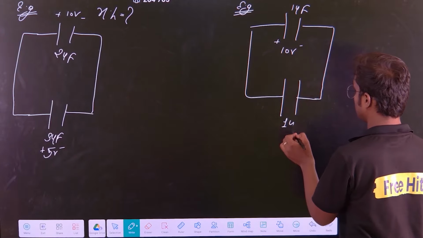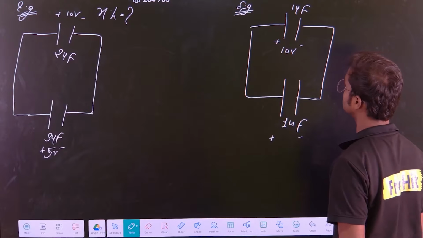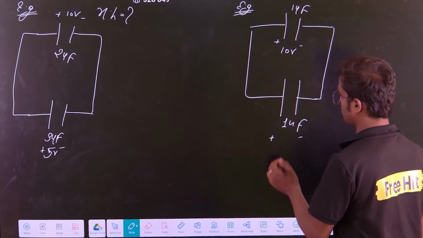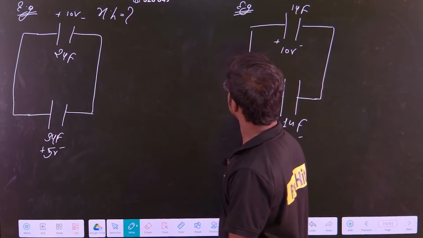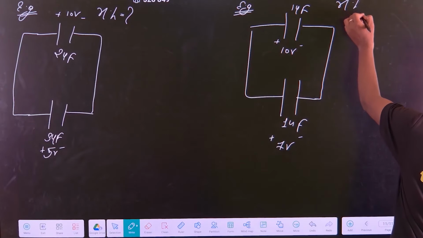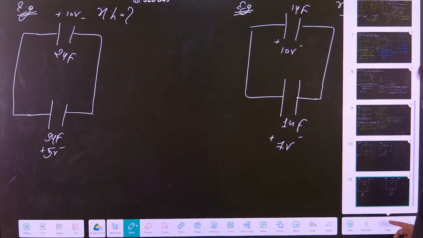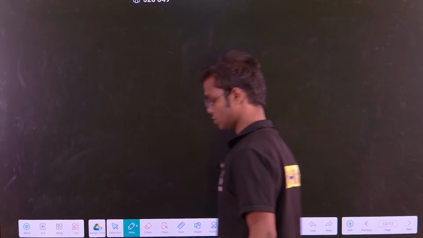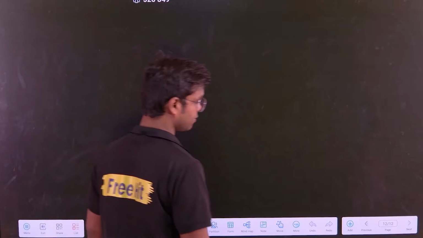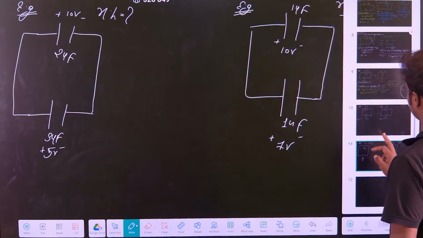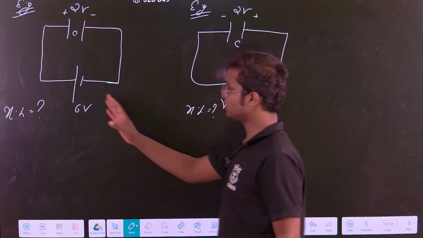This is 1 microfarad, 7 volt. Again the same question, what is the heat loss? So how many questions? 2 to 4. Let's add some more good questions, but let's first solve this, then I will add some more questions. So what is the heat loss for this?